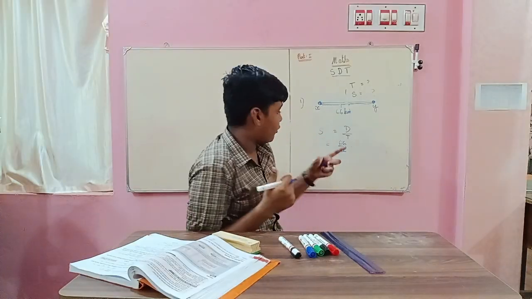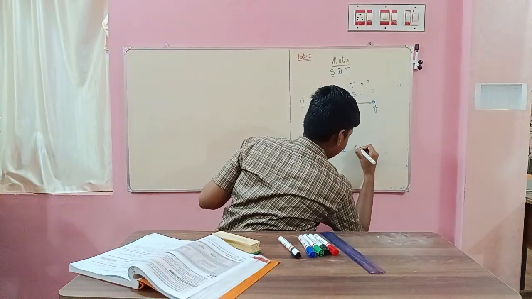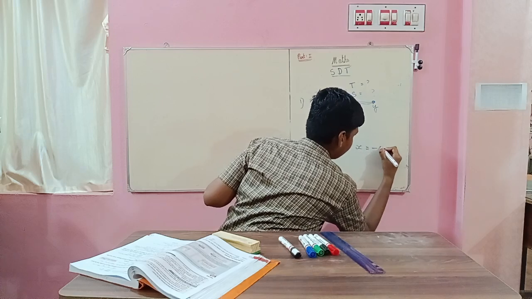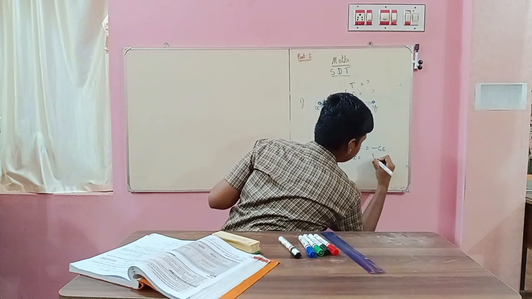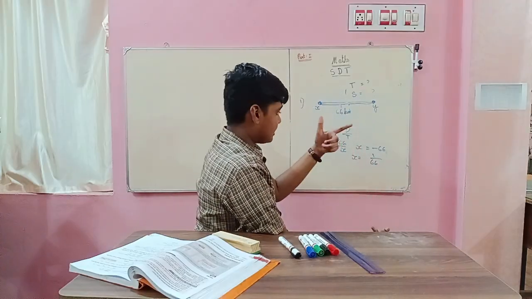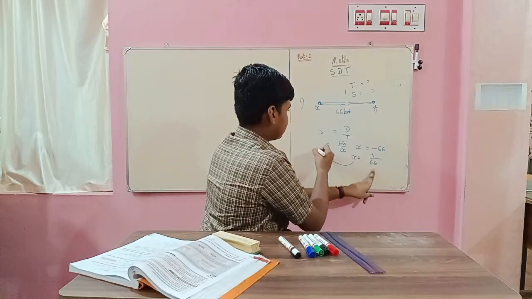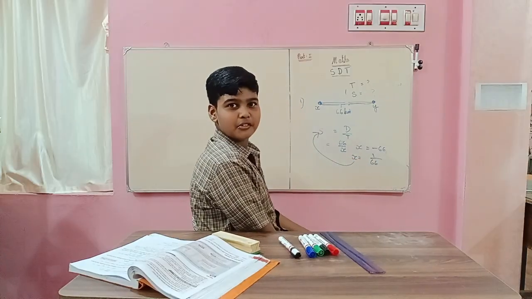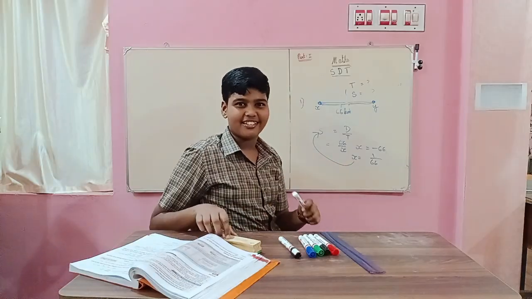And some books for answer they will be giving this, but in some cases we can write it like this: x is equal to 1 by 66. That's very easy. So same answer, but the step which I followed is different. So x is equal to 1 by 66, and the x is equal to speed. Over. This is a problem related to train.